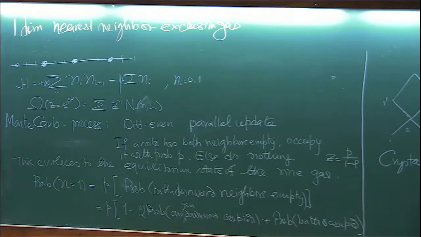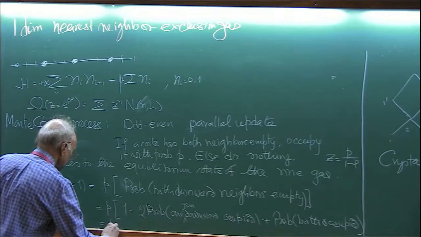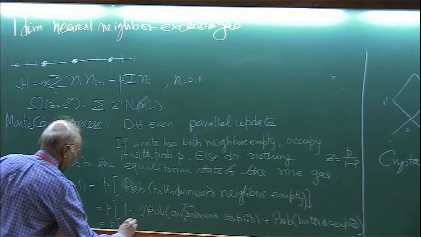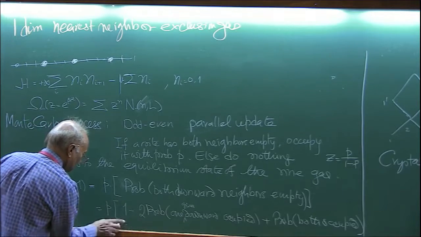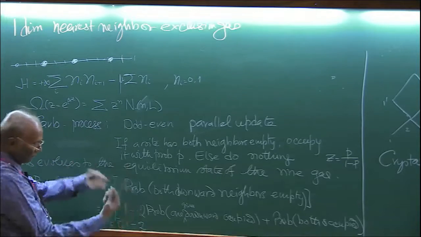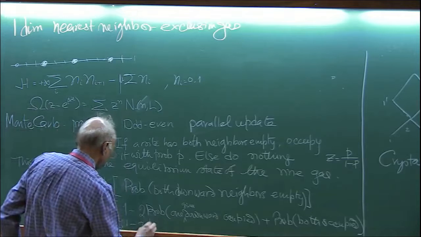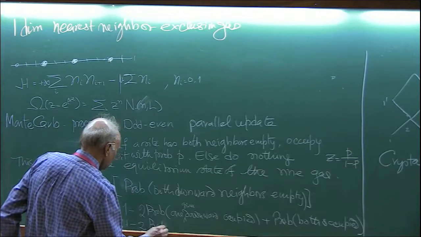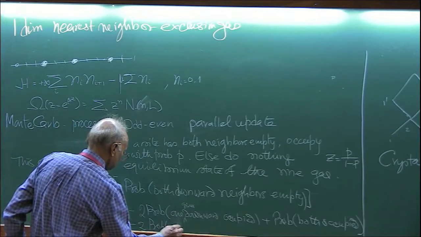And this we wrote, this is P into 1 minus 2 times this same function, because it's in equilibrium, it's the same state. So this is prob of n equal to 1.